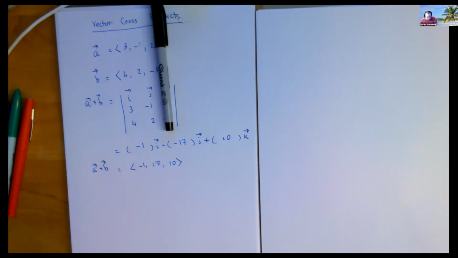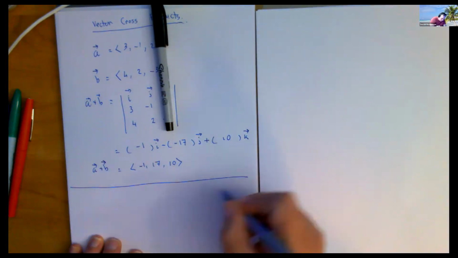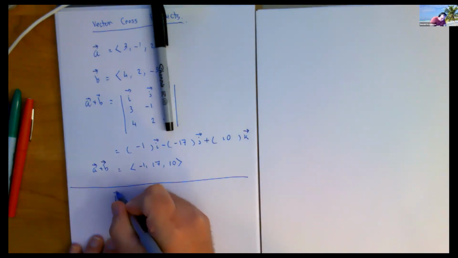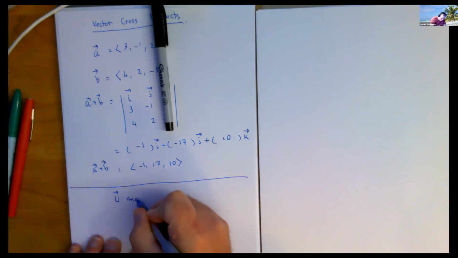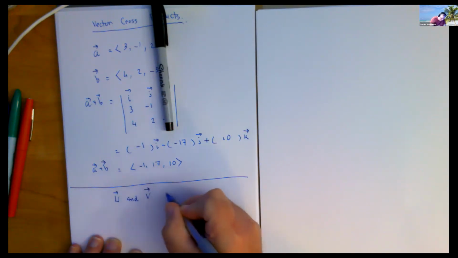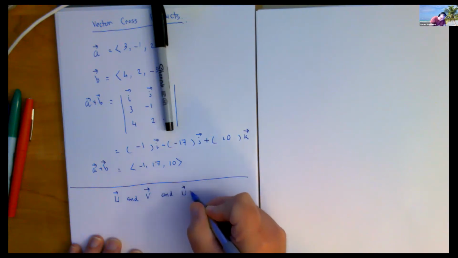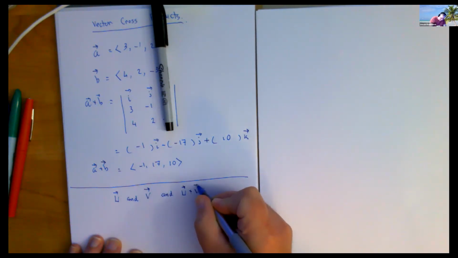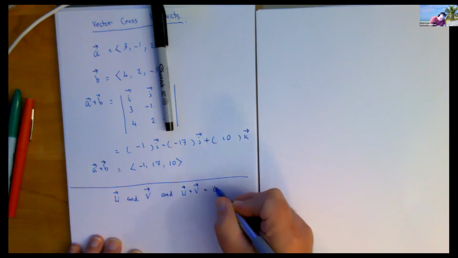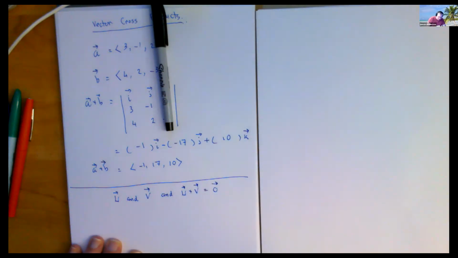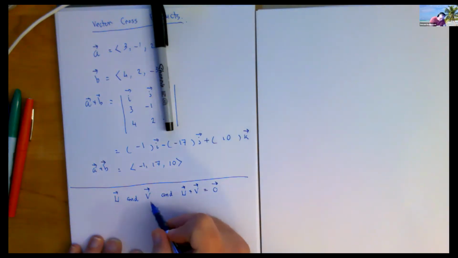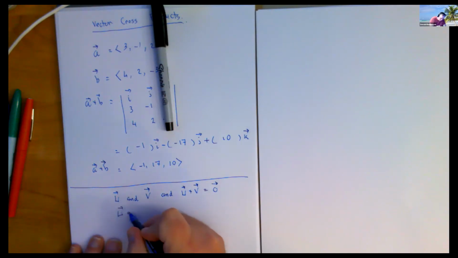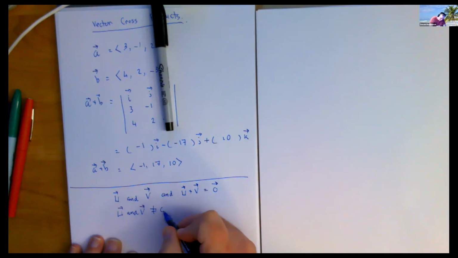Now suppose we have two vectors. Let's call them U and V this time. And we get their cross product, and it ends up being the zero vector, and U and V were not the zero vector.